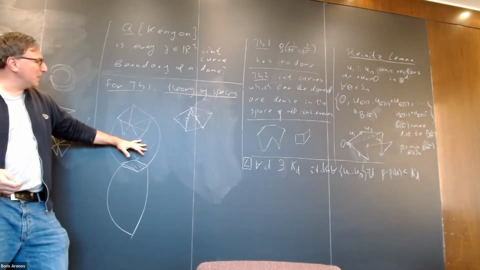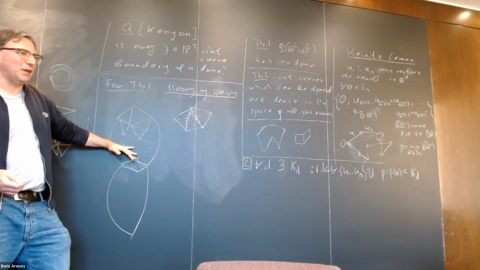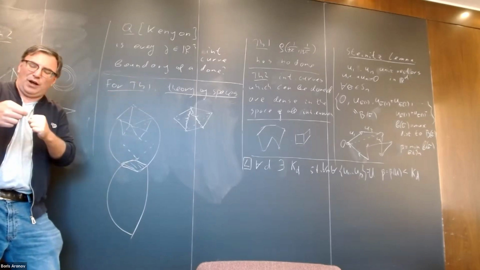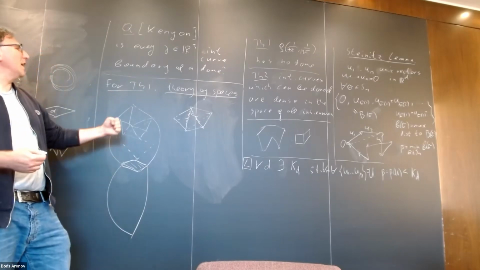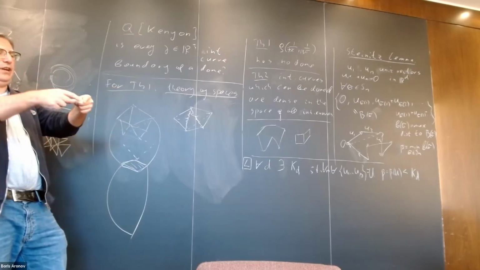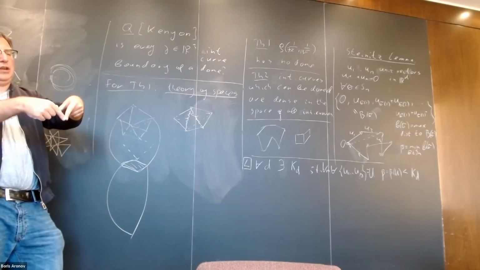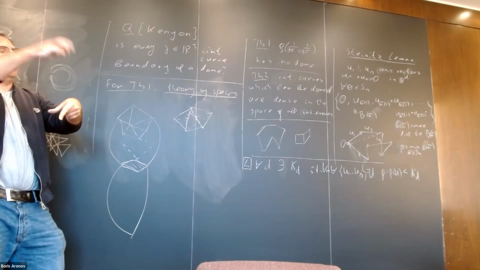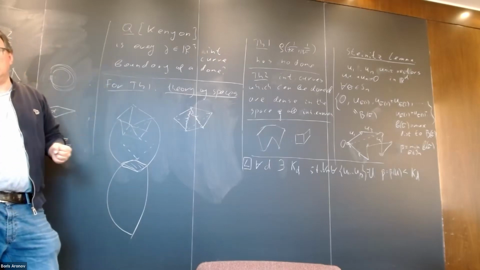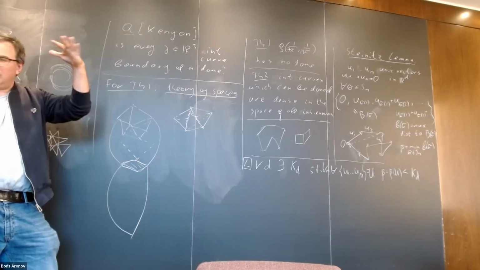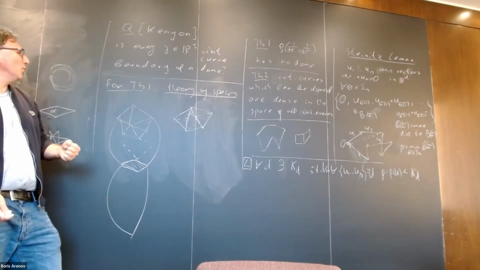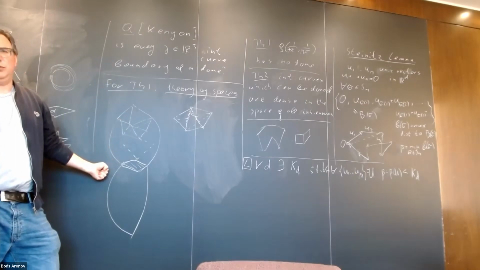So we cannot show that it's always rigid, but we can show that there is at most 1 degree of freedom. That's what we can prove, and that shows that not every rhombus can be domed, and that answers the original question. So that is my high-level point of view of what this proof does.